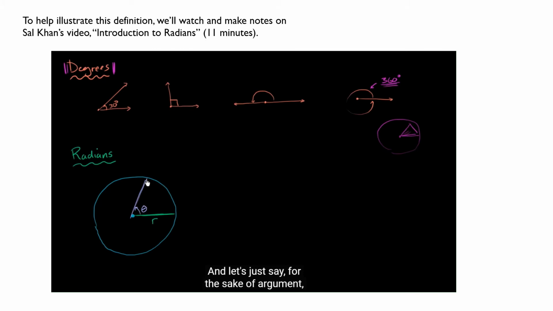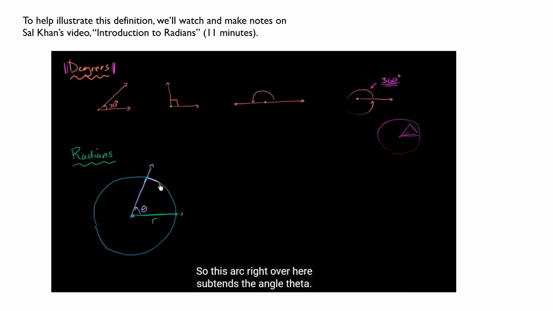And let's just say, for the sake of argument, that this angle is just the exact right measure, so that if you look at the arc that subtends this angle, that seems like a very fancy word. Let me draw the angle. If you look at the arc that subtends the angle, that's really just talking about the arc along the circle that intersects the two sides of the angle.